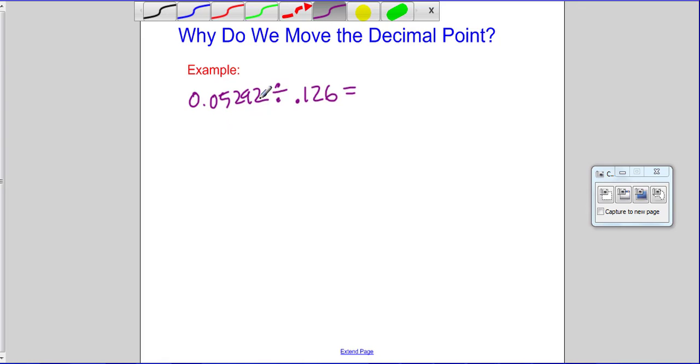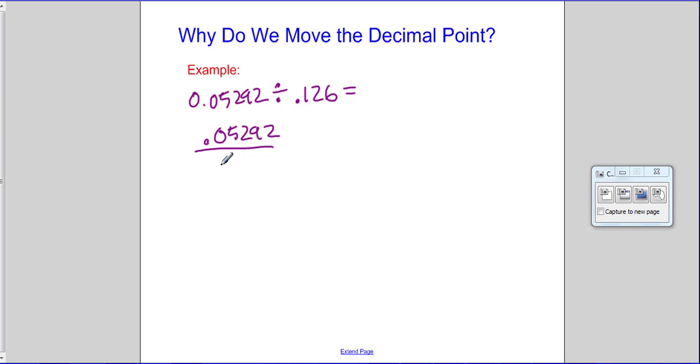So 0.0592 divided by 0.196. Let's write this as a fraction. So this is equivalent to the problem 0.126 into 0.05292. So I'm going to move the decimal point 3 places here.